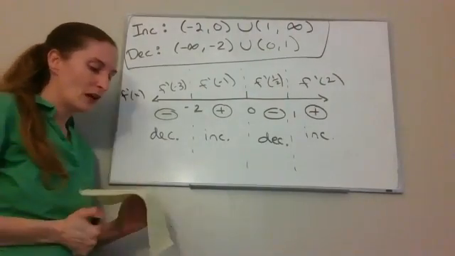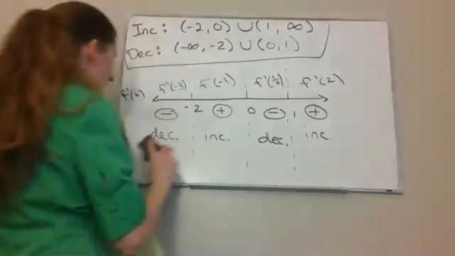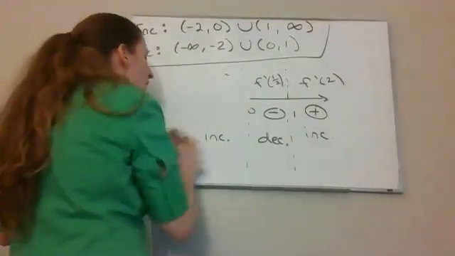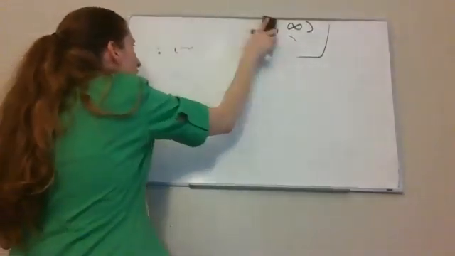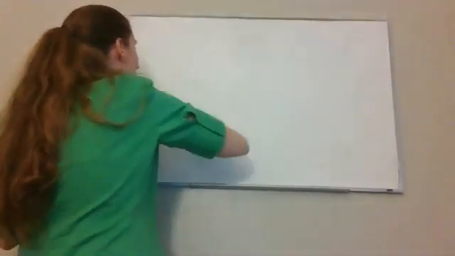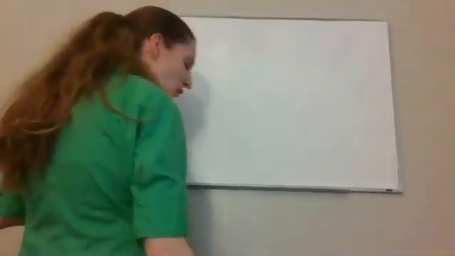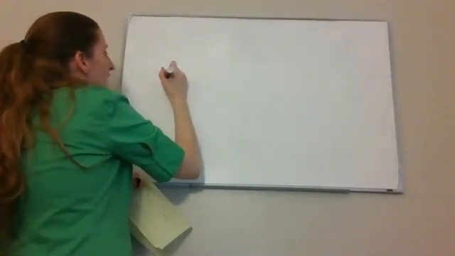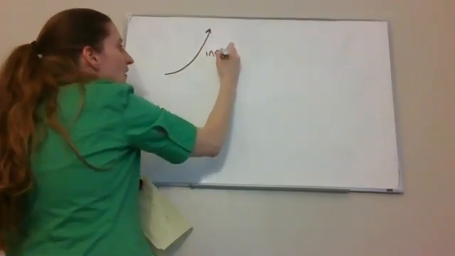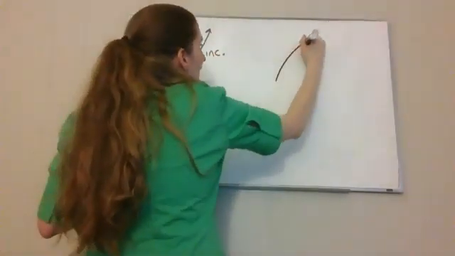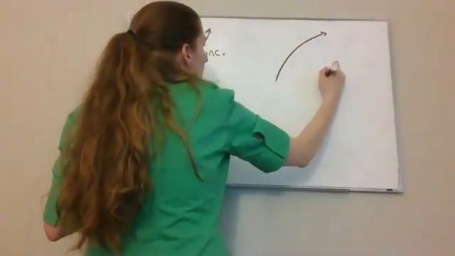So whether something is increasing or decreasing tells you quite a bit about the graph, but it doesn't tell you everything. It just tells you if it's going up or going down. But there's a lot of different ways to go up or down. For instance, a curve that looks like this is increasing, but a curve that looks like this is also increasing.